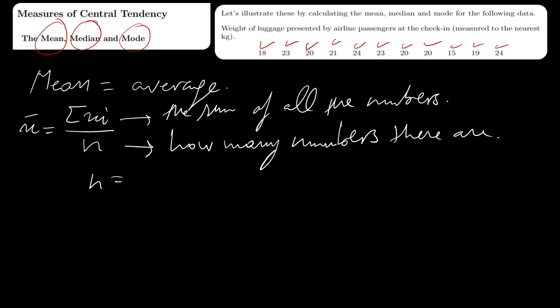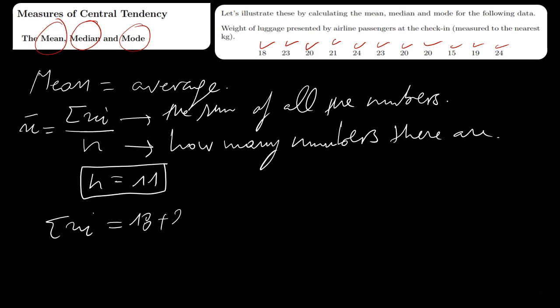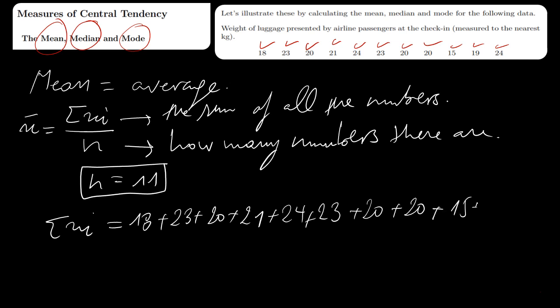So here n is equal to 11, and the sum of xi is equal to 19 plus 23 plus 20 plus 21 plus 24 plus 23 plus 20 plus 22 plus 15 plus 19, and then we add 24.